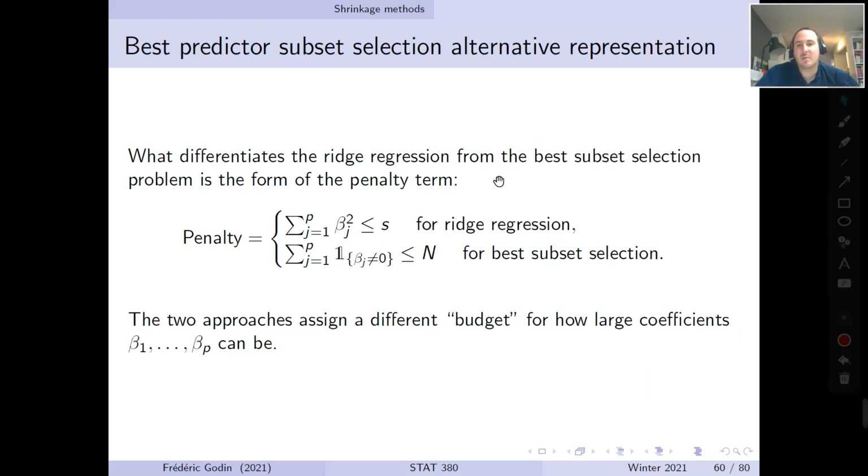As we said, what differentiates the ridge regression and the best predictor subset selection is simply the form of the penalty term, but it's really the constraint term. The constraint is to limit the magnitude of parameters in the ridge regression, or to limit the number of predictors different than 0 for best subset selection. So the two approaches can be seen as similar problems, but which assign a different budget for how large the coefficients beta 1 until beta p can be.